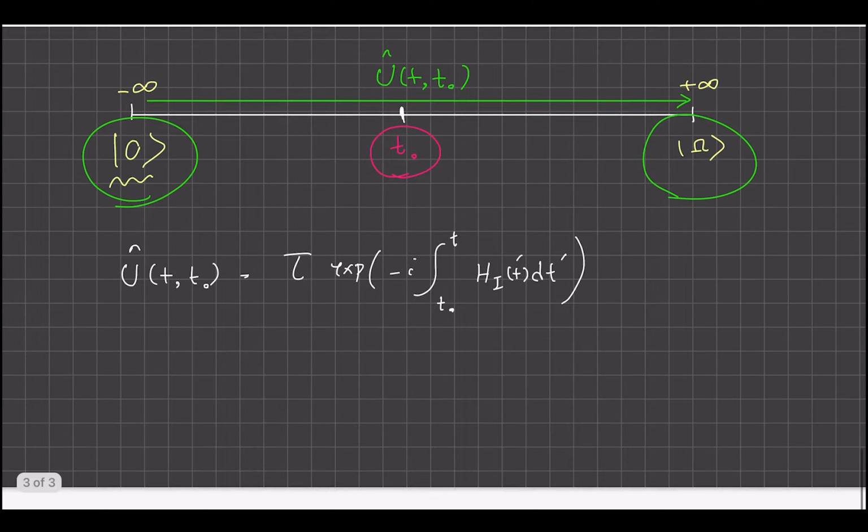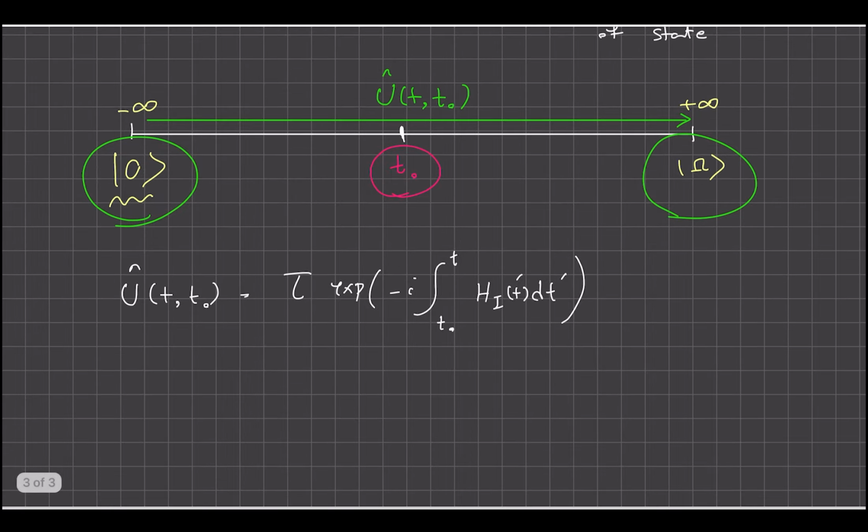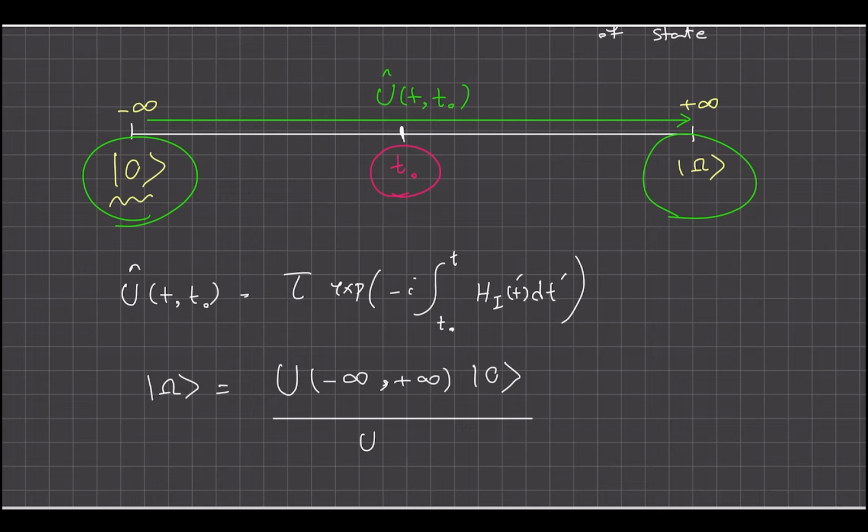And now, from what we said, the state omega is equal to U of minus infinity to plus infinity acting on the state of the free vacuum. But then ultimately you need to normalize it in order to keep the inner product consistent. So you basically have to divide by the same quantity sandwiched in the vacuum.